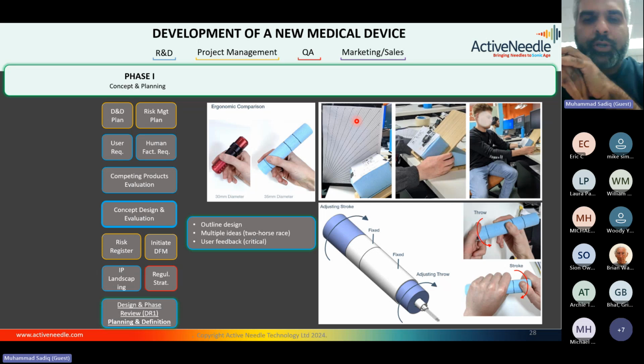I cannot stress enough how important it is to involve users throughout this development process, because you do not want to go to the user with a finished product to find out that there is something you have not captured at all and it's just not acceptable. So it's very important to keep the user in the loop, even with the earlier prototypes. Take the prototypes to the user, get their feedback.